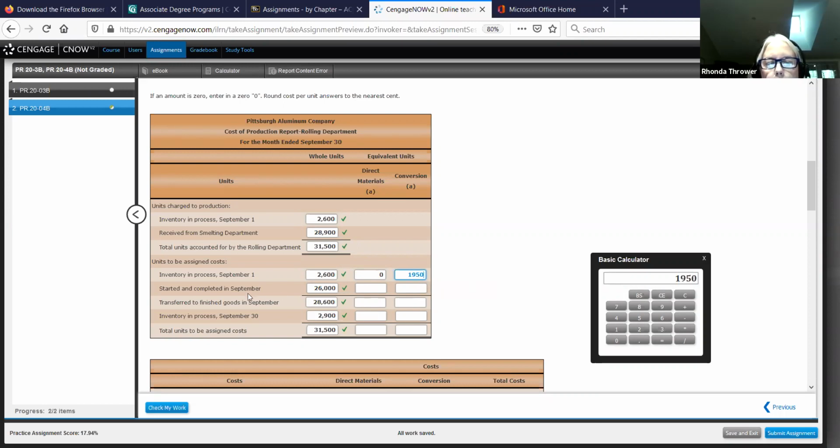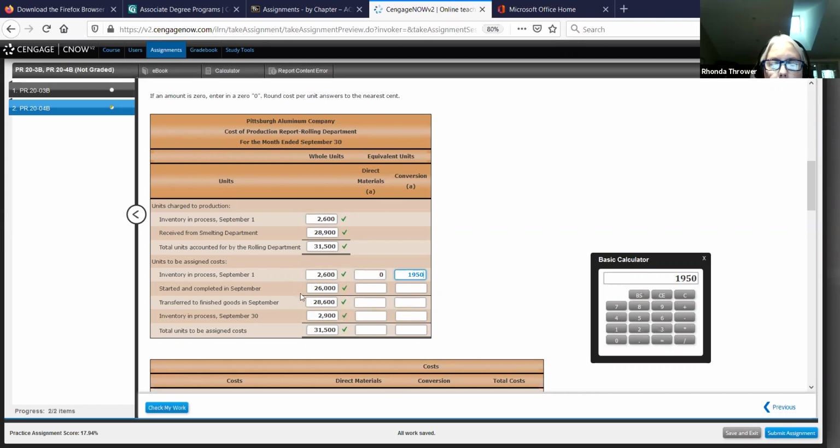Then we're going to move to started and completed units. Our started and completed units we determined was 26,000. What started and completed means is that we started them with materials in this period, and we also finished them with materials in this period.